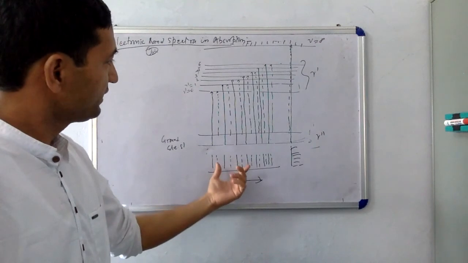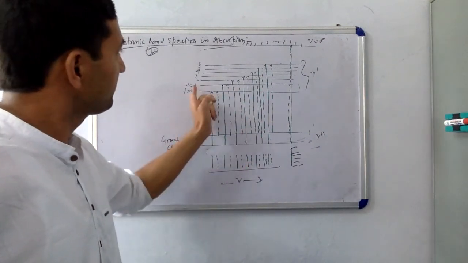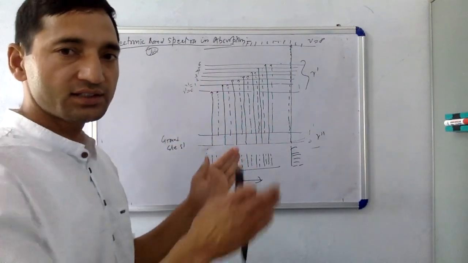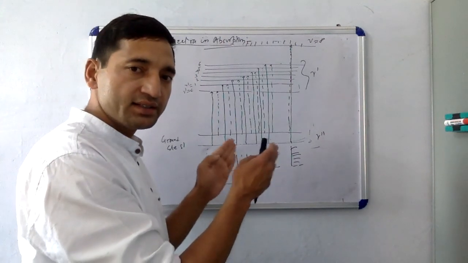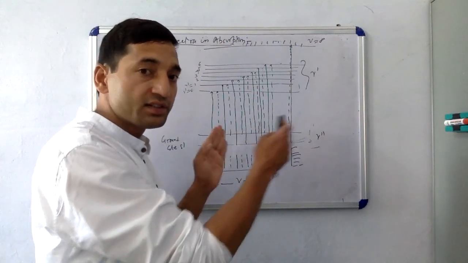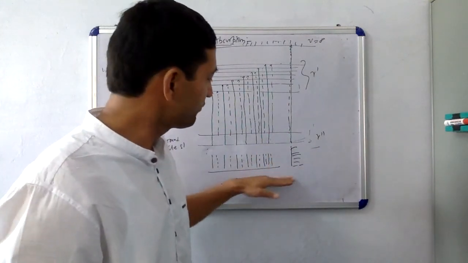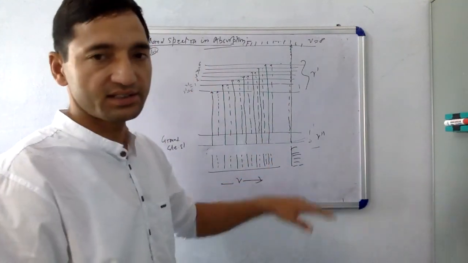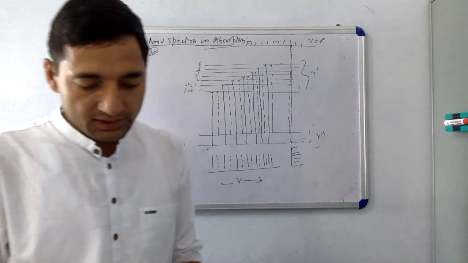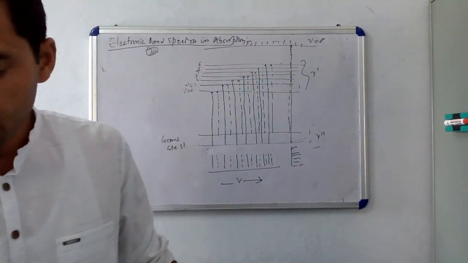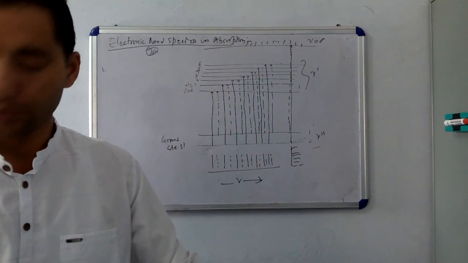As we have seen mathematically, as we go to higher levels the difference is reducing, and ultimately the levels merge at the higher wave number side. This is all about the vibrational absorption spectra of a molecule.